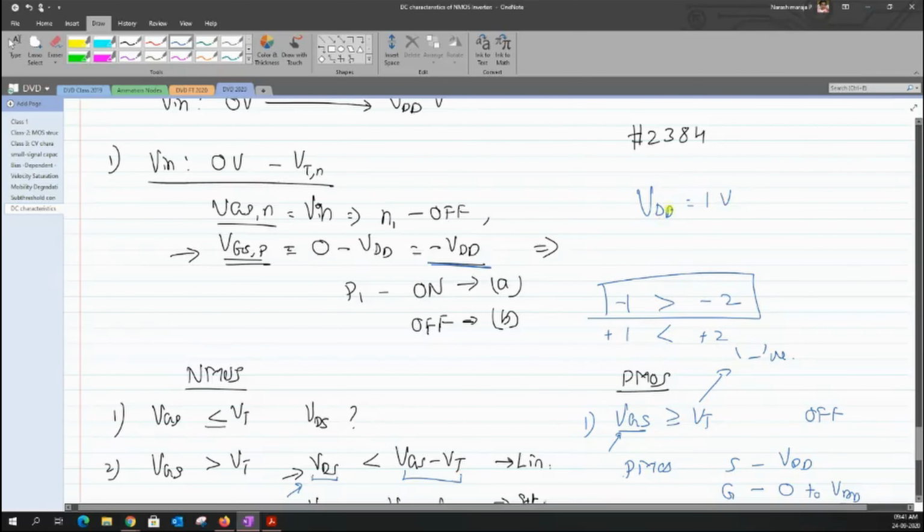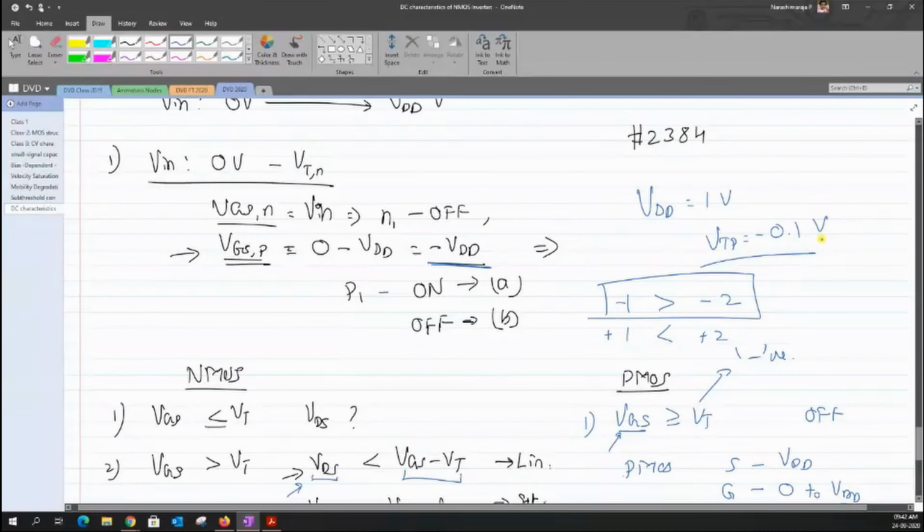So let us assume that we have this VDD as 1, and the threshold voltage of the device is, it's a weird number, but still, let us go with 0.1 as the threshold voltage of the PMOS device.